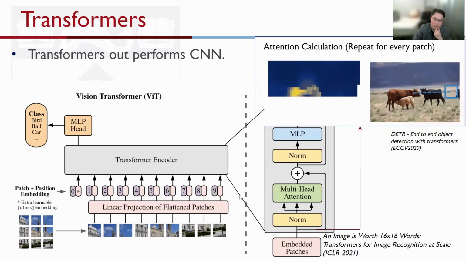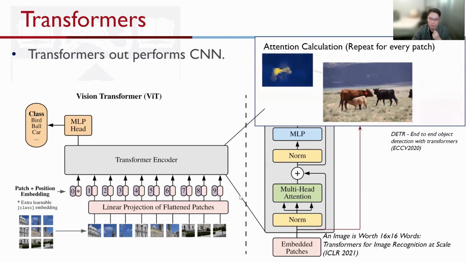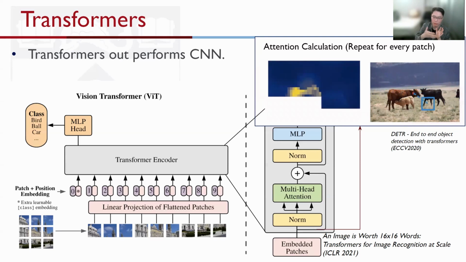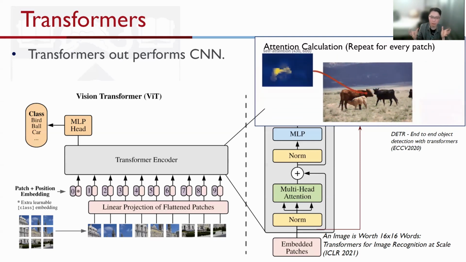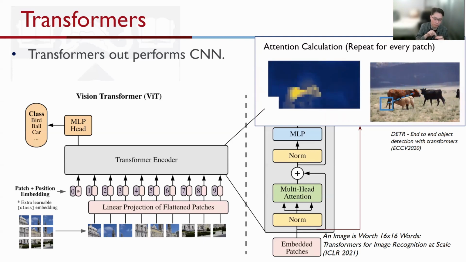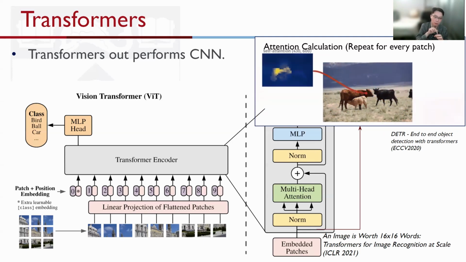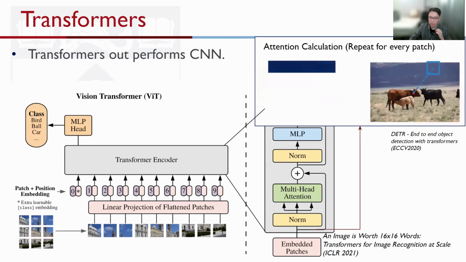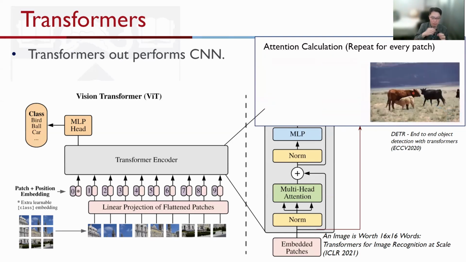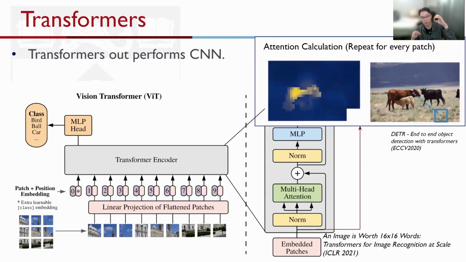But one advantage of this compared to the CNN is that when we're doing the convolution, in the shallower layers, in the low level features, you're only detecting some features around the neighborhood of this pixel. And it's only until the deep layers that you're able to relate, for example, this corner of the image with that corner.